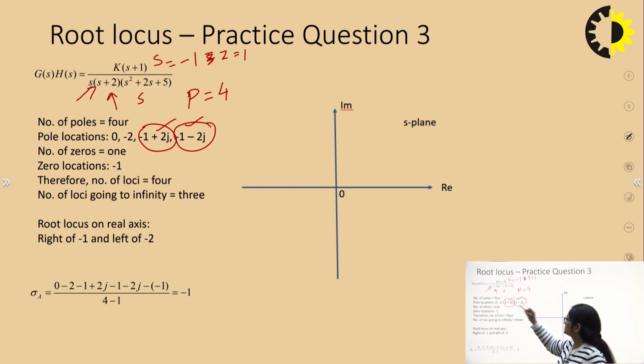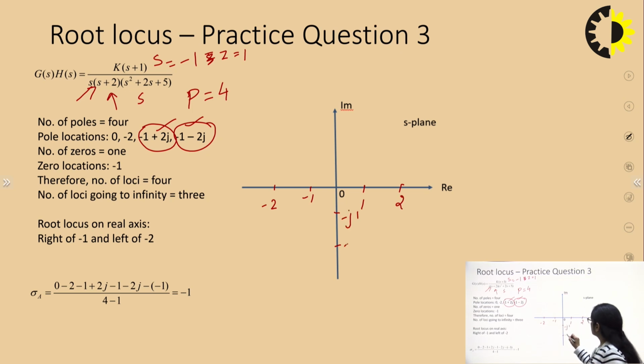So we will mark this on the s plane. This is the origin, minus 1, minus 2, 1, 2, minus j1, minus j2, this is j1 and j2.